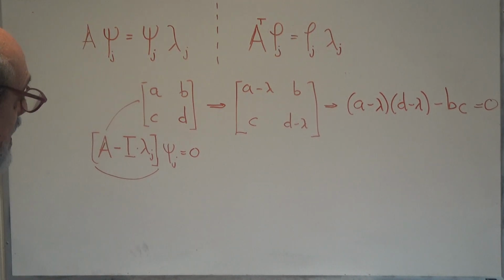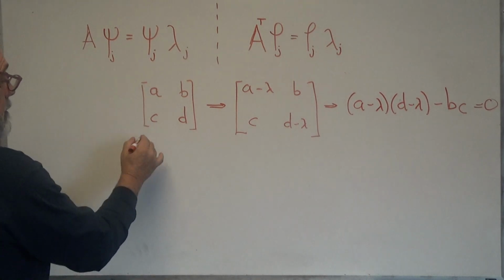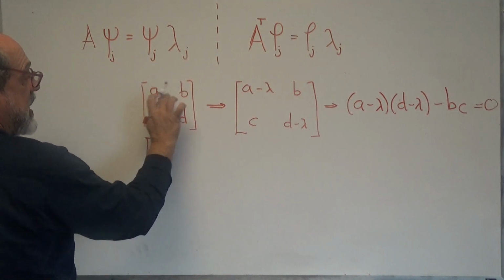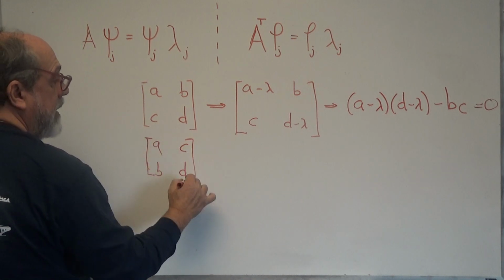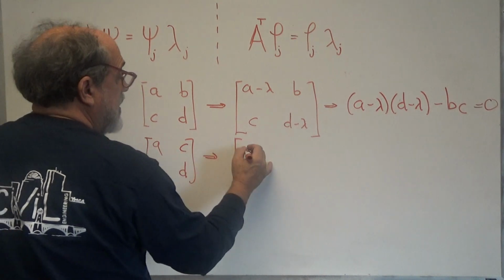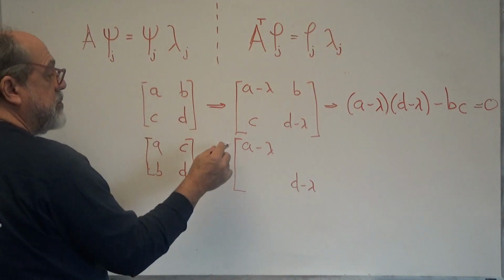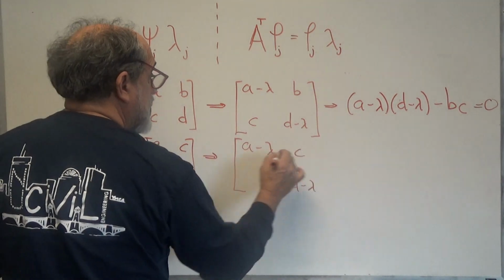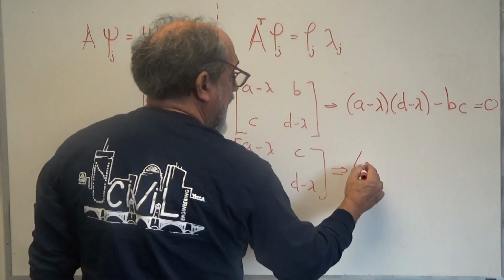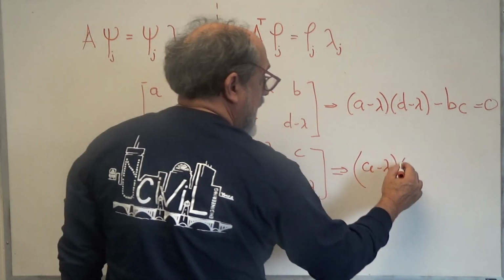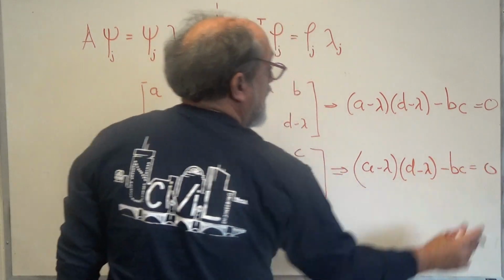And so the roots are whatever lambda makes this polynomial equal to 0, right? Now, if we consider the transpose of the matrix, the operation that I did here, then A, B would become the first column, C, D would become the second column, and A minus lambda I would have C here and B there, and we see that the characteristic polynomial would be A minus lambda times D minus lambda minus B times C, and that the eigenvalues would be whatever gives me 0.